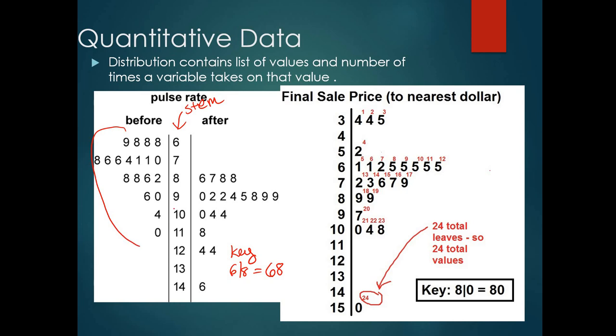So here you can see before exercise, obviously clustered down in the 60s and 70s, and then after exercise it is higher. And this one person who got 146 is a little concerning, but that would be your distribution. You want to see what happened with that piece of data. Even though this could be an outlier, again, notice I said could be, it may still be a valid piece of data.